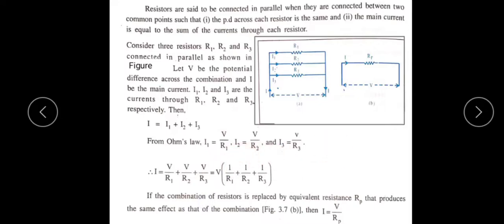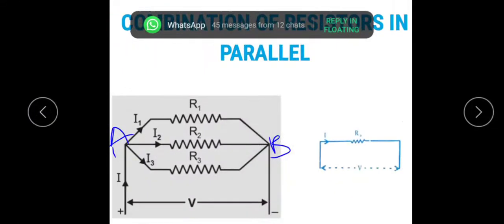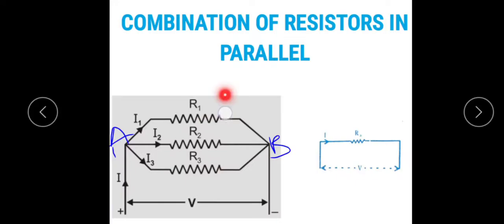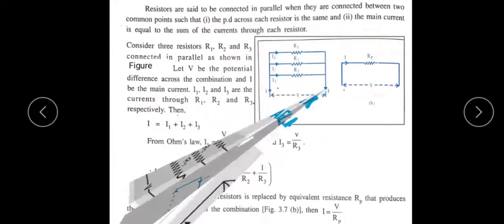Now the combination of resistors is replaced by an equivalent resistance. See, this is the diagram. Here R1, R2, R3 and the combination of resistors are replaced by one resistor, the equivalent resistance Rp.